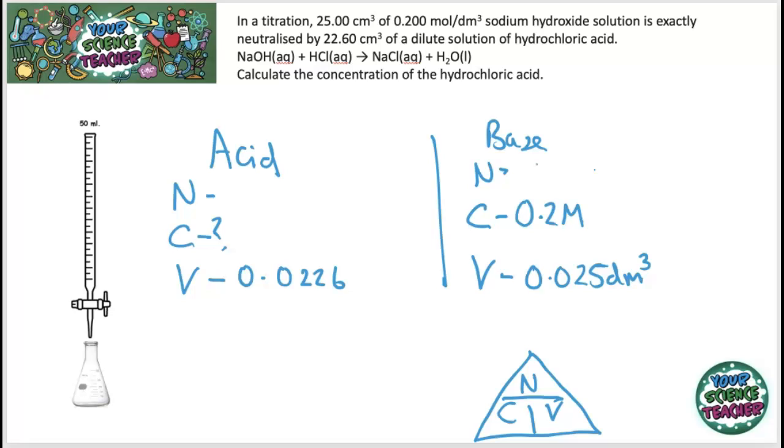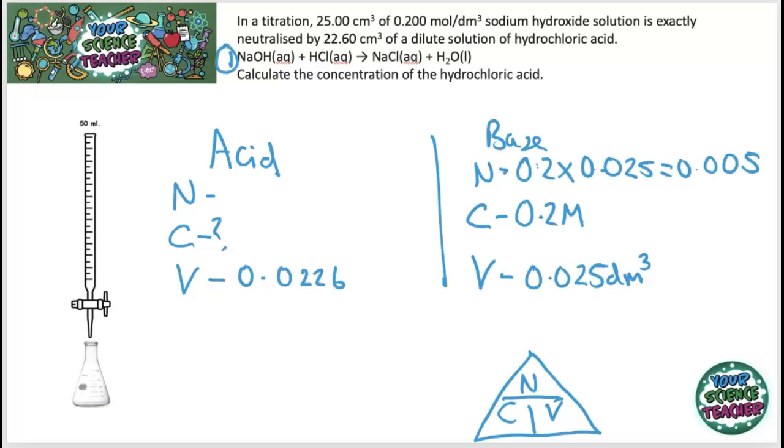Now, what I'm going to do next is work out the number of moles of my base, which I can do by doing the concentration times the volume. So that's going to be 0.2 times 0.025, which gives me an answer of 0.005 moles. Now, because I have 0.005 moles of base, I can use my balanced symbol equation to work out the number of moles of acid it must have reacted with.